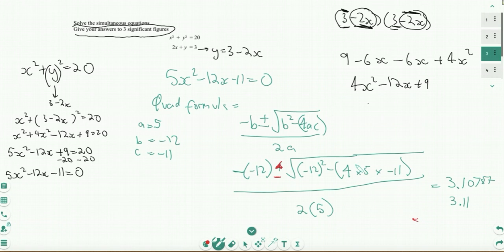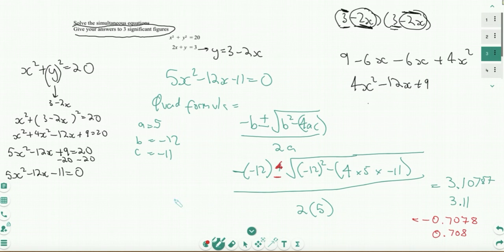All right. That is negative 0.7078. Round to 3 significant figures. Well, 1, 2, 3. We're going to round it to this number. So 8, we round up. So negative 0.708.